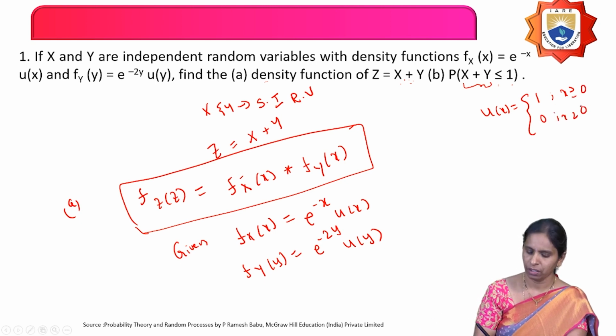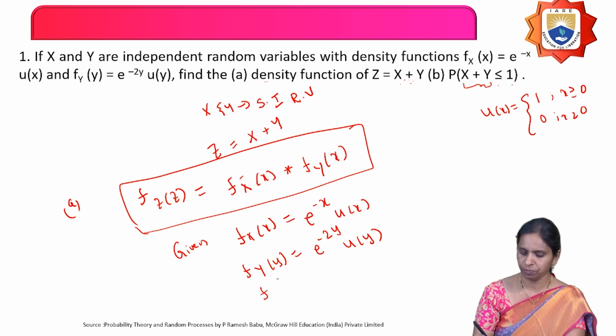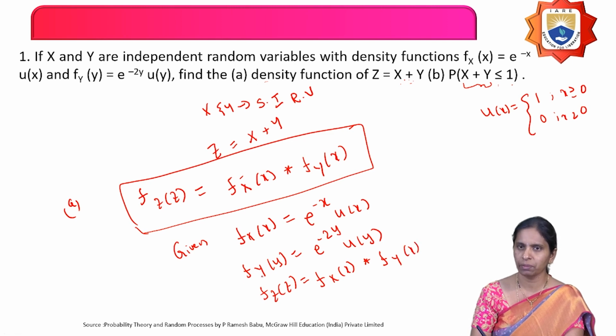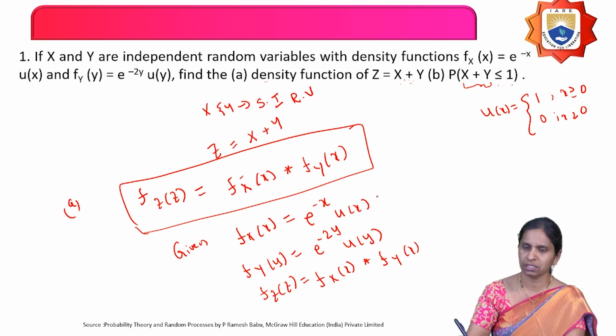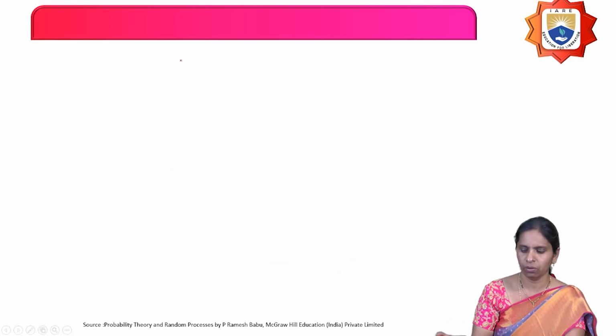Now, if you want to write the density function of the sum of those two random variables, then write the formula as the convolution of the density functions of those two random variables. They have given fY(y), so fY(x) is nothing but e power minus 2x into u(x). Now, what is the convolution formula?